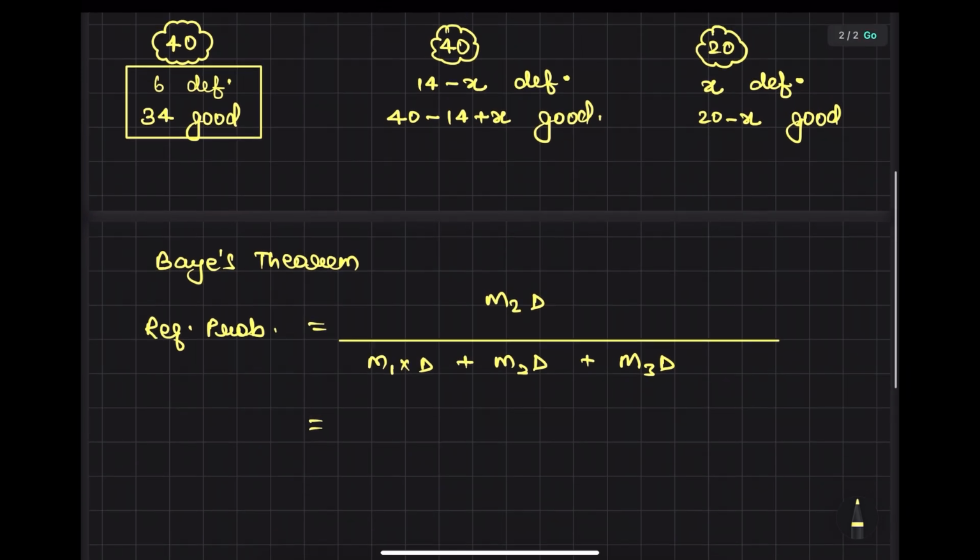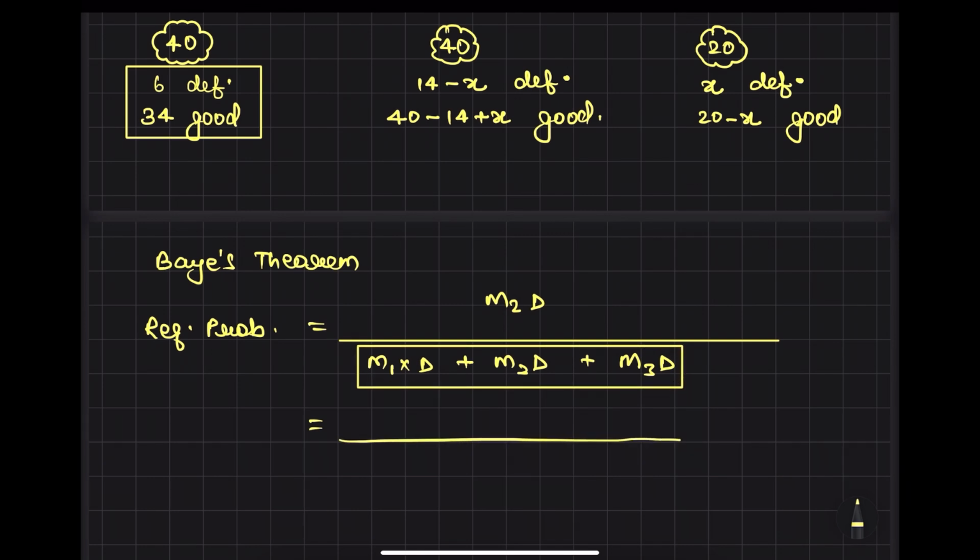Now you know that altogether we have 20 defective bulbs. So the probability of a defective bulb is 20 out of 100. Either you go this way, or you can go with M1.